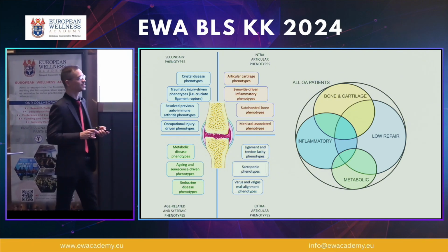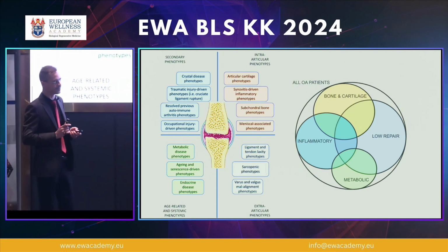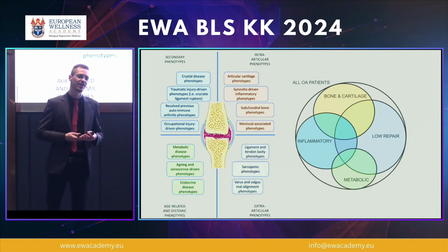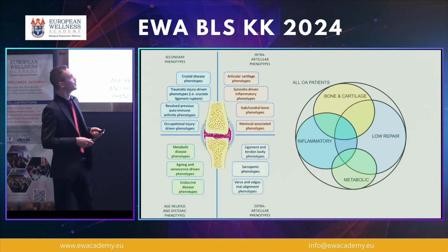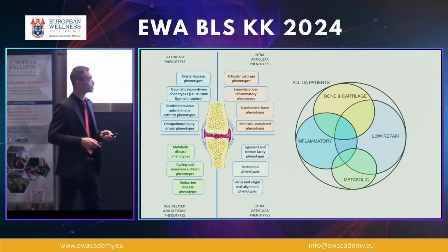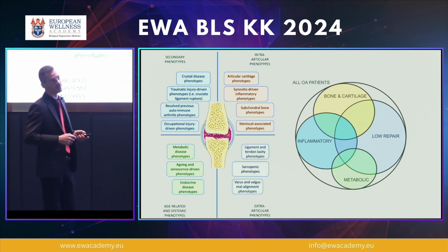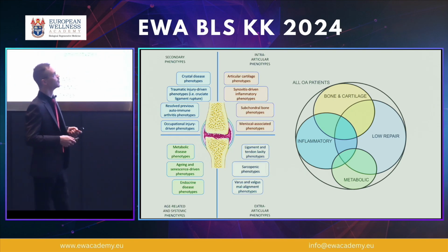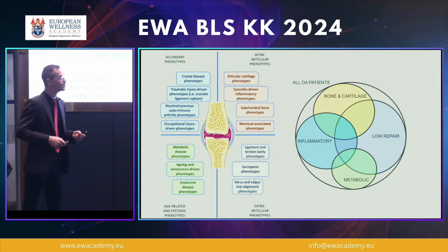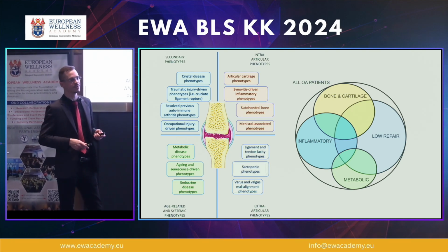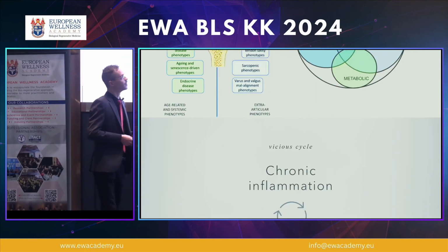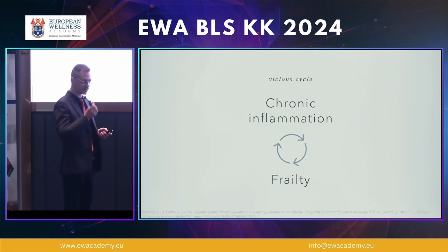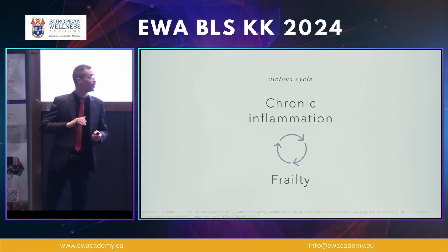And of course, there are different phenotypes of osteoarthritis. We also have covered this topic today, meaning that some patients may need more anti-inflammatory therapy, so to say. Some patients would need to take a look into their metabolic problems, and that would be the best kind of strategy in those cases.